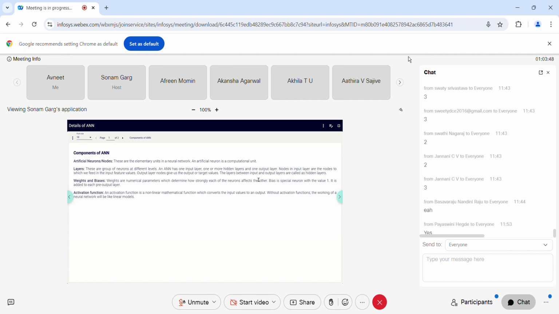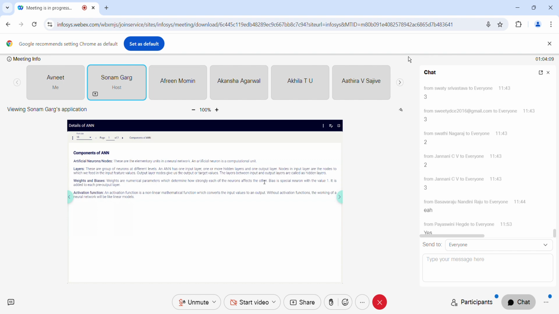Okay, so these are the basic components of an artificial neural network which you have seen. The nodes or the neurons are the actual computational unit where some computations will happen on the inputs. You have layers like how I've shown you, two layers, three layers. So multiple layers can be there, which are groups of neurons.